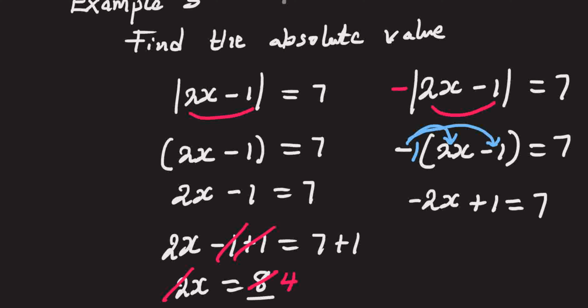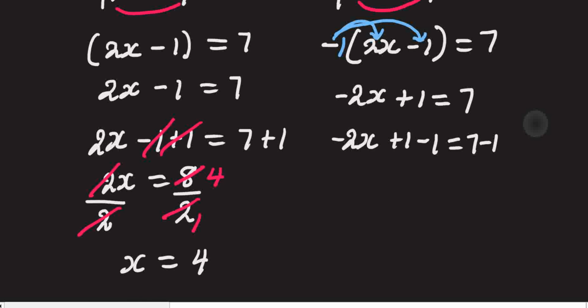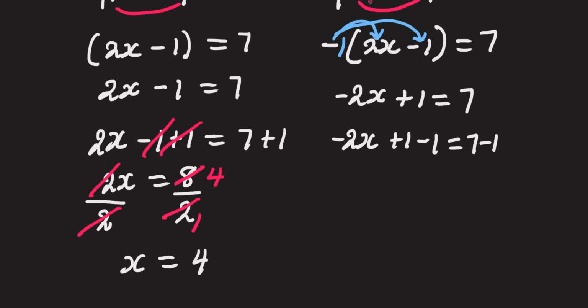Now, to isolate negative 2x, we have to subtract 1 from both sides. So this becomes negative 2x plus 1 minus 1 is equal to 7 minus 1. So plus 1 minus 1 is 0. So you can strike that from here. And negative 2x is equal to 7 minus 1.